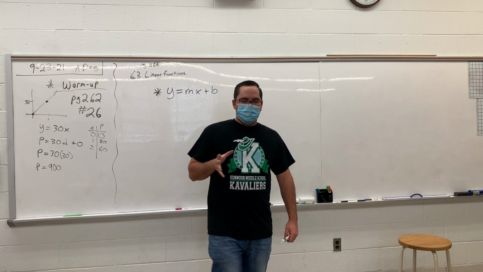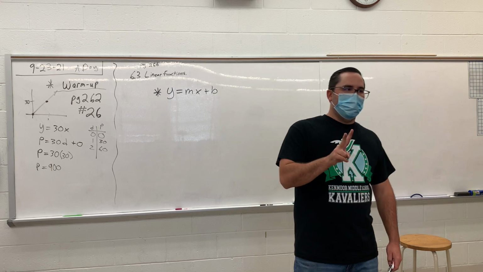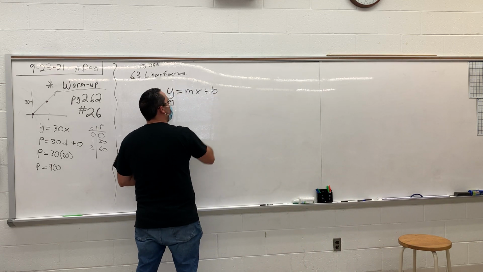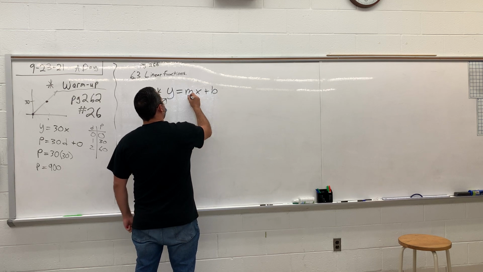To get an equation in slope-intercept form, you need two things. You need this thing called m and this thing called b. m represents, anybody know?